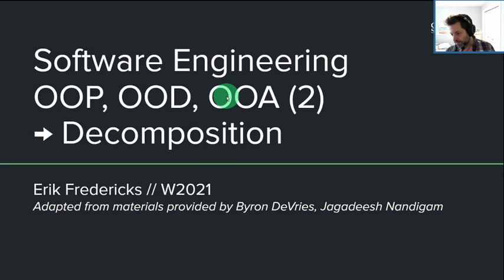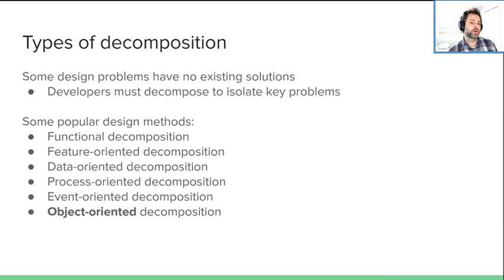So what is decomposition and why is it important for our 3 lovely object-oriented acronyms here? Well, it turns out that we actually may have a problem that has never been seen before in software engineering. So let's say you're working on a new project and you're trying to figure out what design pattern to apply because you are analyzing your problem early on and trying to save yourself time in the long run.